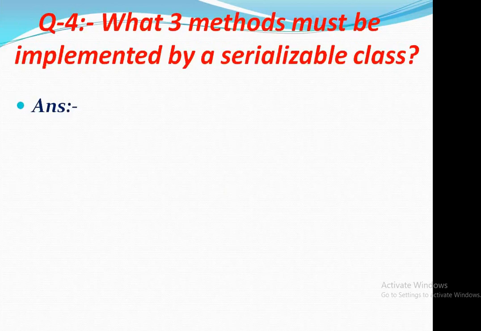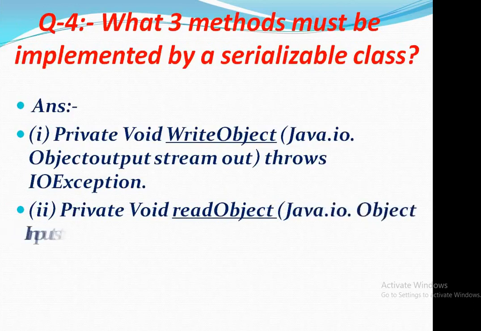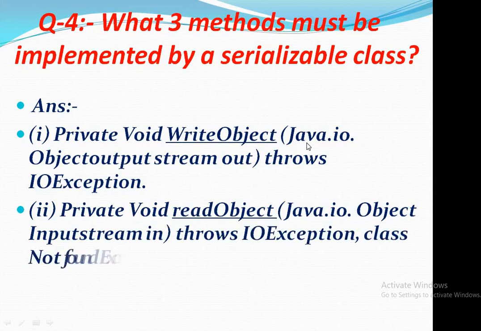What three methods must be implemented by a serializable class? For serialization we use three methods. The first is private void writeObject, from java.io.ObjectOutputStream, which throws IOException.